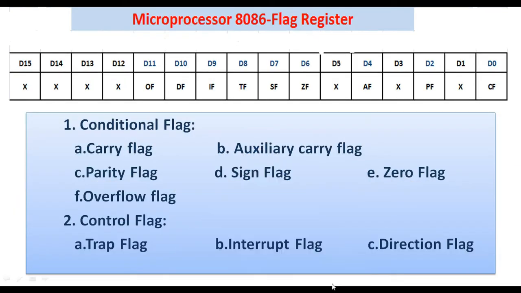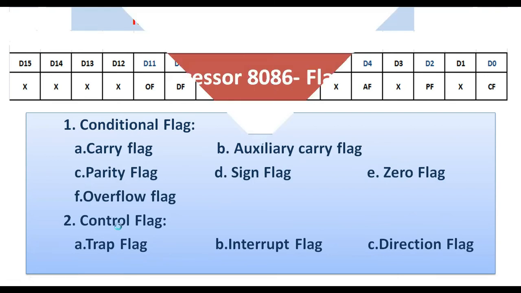So this flag register is divided into two groups, that is conditional flags and control flags. In the conditional flags these 6 flags are there, and these 3 flags are in the control flags. So what is a conditional flag?